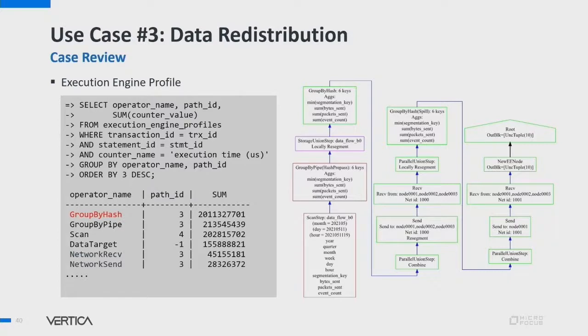In this case, group by hash is the longest operation. You will see the operations like group by pipe, network receive, network send do not appear in the query plan. You can see these operations in the query plan graph on the right.